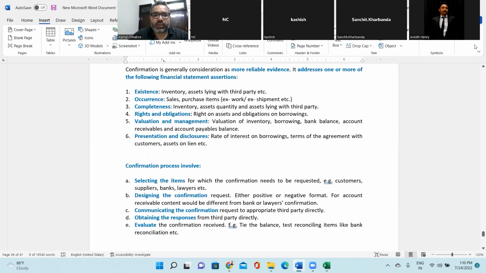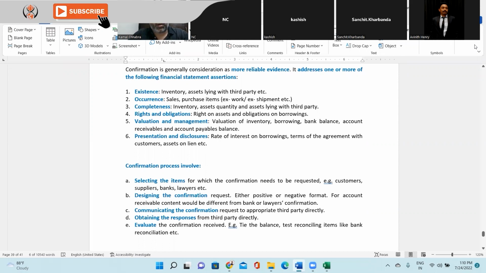Second is occurrence: sales and purchases. When you take a confirmation from the customer about the terms of the agreement, like ex-works or ex-ship, that helps in satisfying the occurrence assertion, when you need to recognize the revenue for the respective sales.